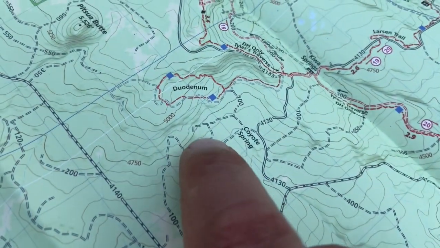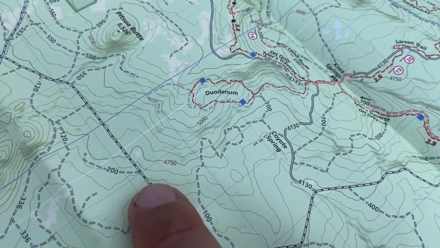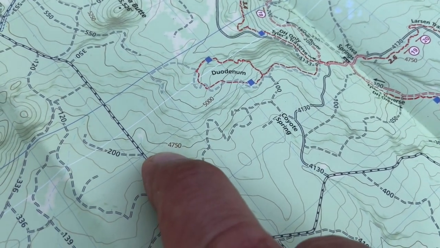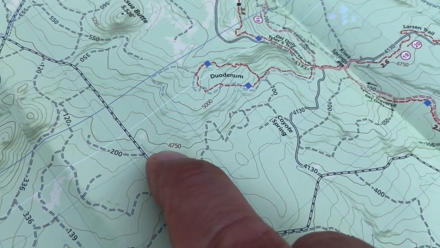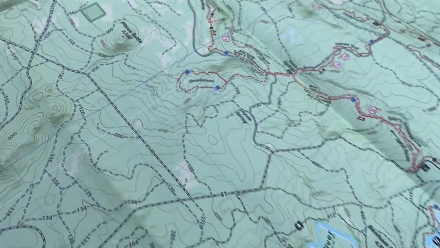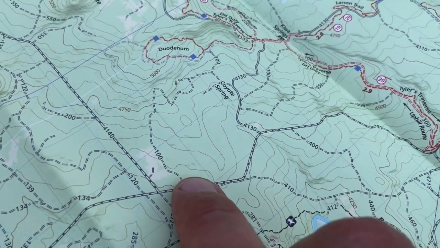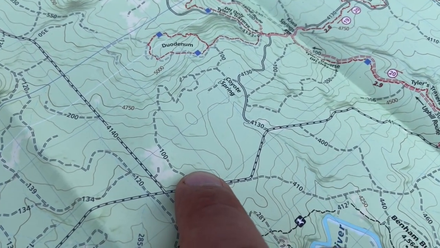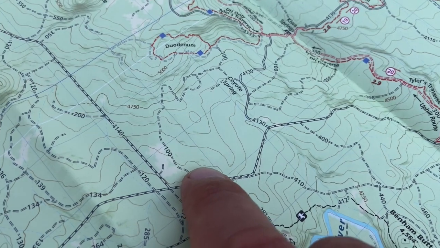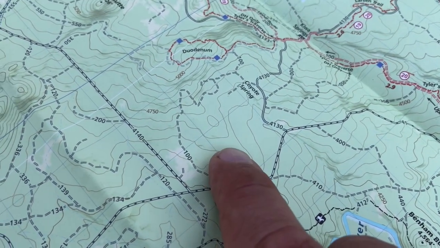So you can see that there's numbers here. 5,000. That means 5,000 feet. 4750. That's the elevation of that contour. So what the contour does is the further apart the lines are, the more distance it is between that slope that's either going up or going down.